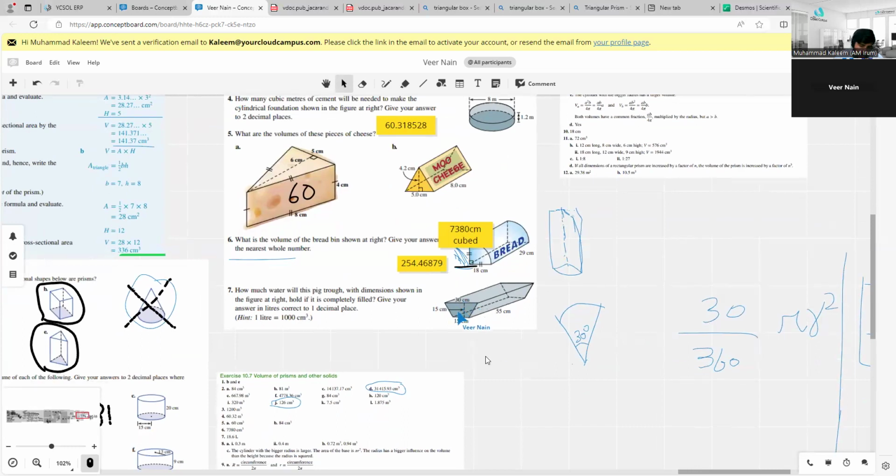Yep, that's true. So first, you add up the parallel sides and then multiply by the height. 30 plus 15 is 45. 45 times 15, and then you have to divide it by 2, right? Exactly. Yes. 337.5.